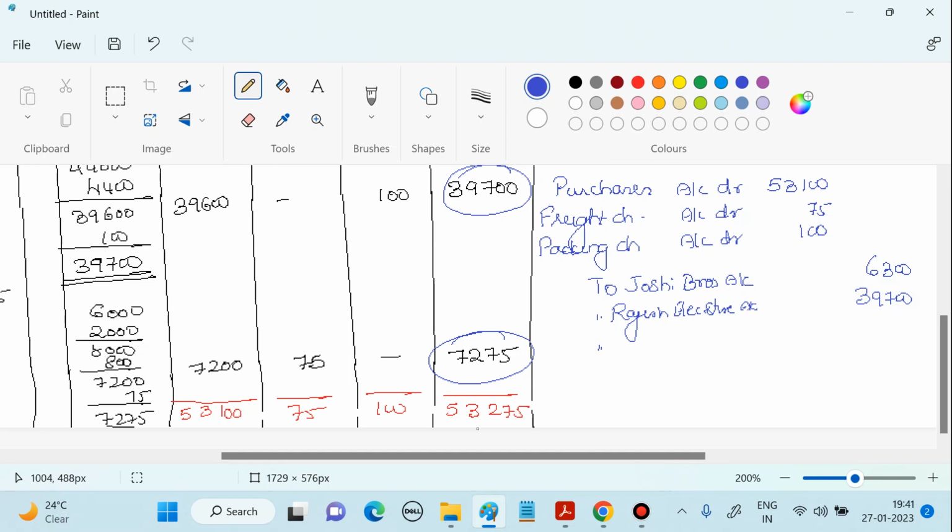And the last one was Supreme Electric Store, which was 7,275. So this is the purchases for the month of April. Got it? This is how the posting goes. Yeah, got it.